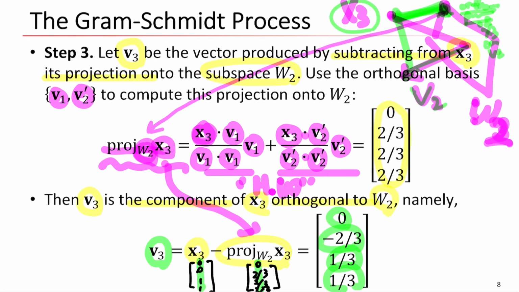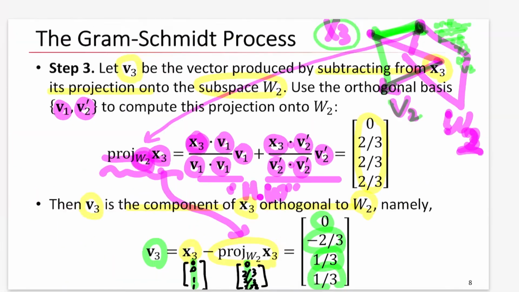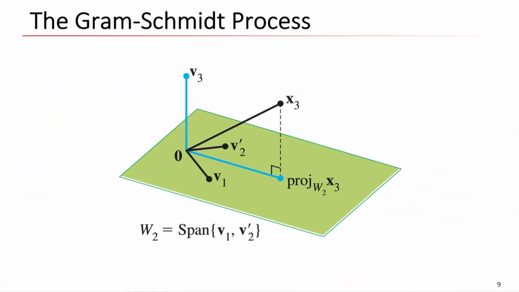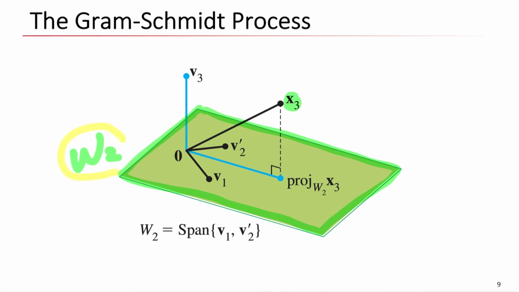So if we draw this kind of thing on the space, actually I drew this one in here, but there is a more fancy figure here. So anyway, here is the W2 space, right? And here is the X3. W2 has the two orthogonal bases, V1 and V2.